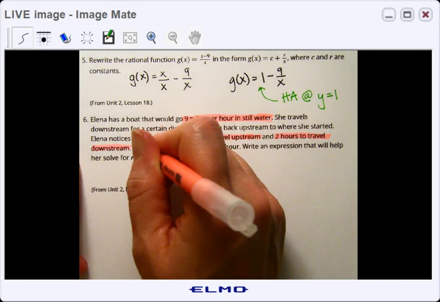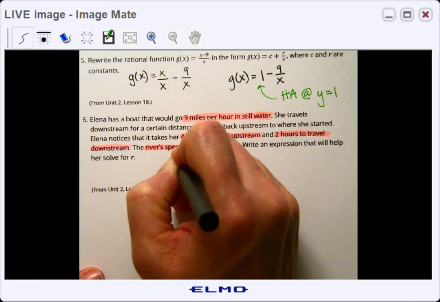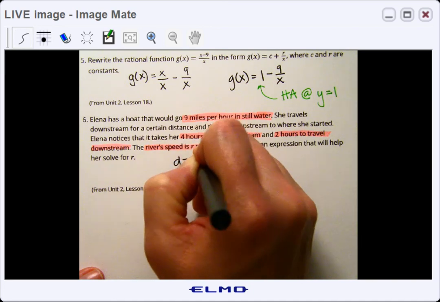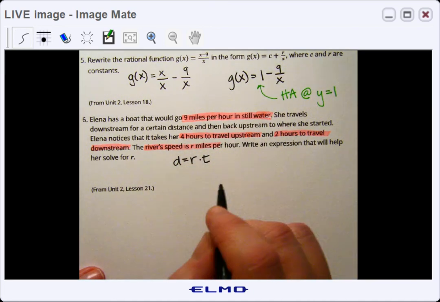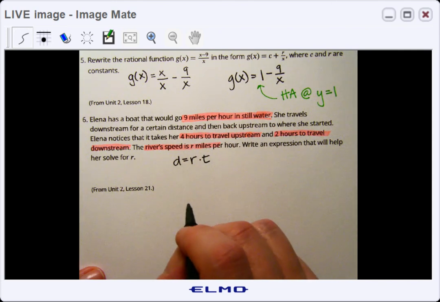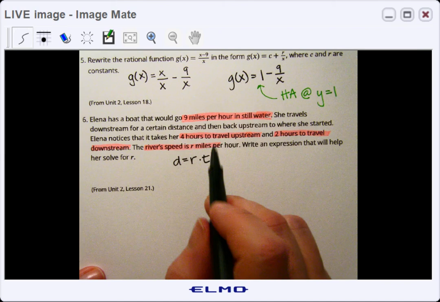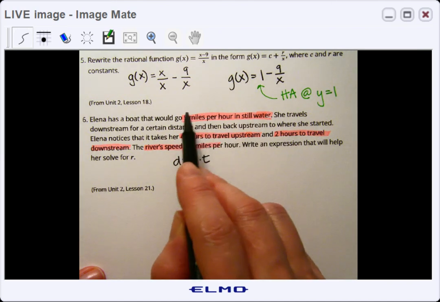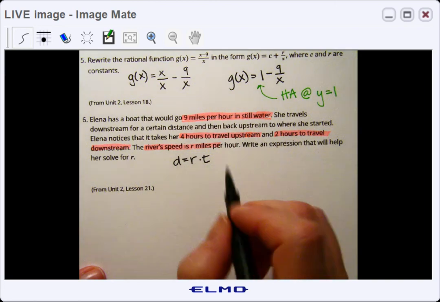And then the river's speed is r. So keeping in mind the little distance formula, distance equals rate times time. Going upstream, it takes her 4 hours. That's the time. And the rate is going to be the 9 of her boat minus the speed of the river because it's slowing her down.